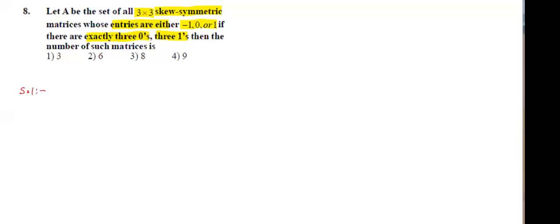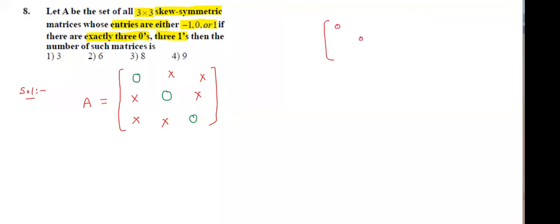So we know that the principal diagonal elements of skew symmetric odd order matrix, those are 0. Here is 0, here is 0, and here also 0. Now we need to fill the numbers here and here, here, here, here and here. How many places are there? There are 6 places.